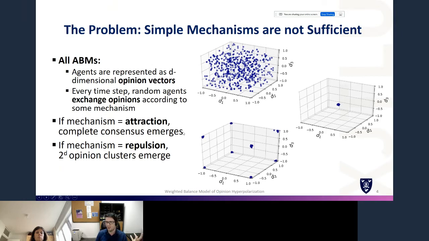And of course, this is also not really what we see in really existing political systems, and it's certainly not what we want to have as hyperpolarization. So in both cases, no hyperpolarization, and we also tried some other mechanisms, and we never ended up with our desired state of hyperpolarization.